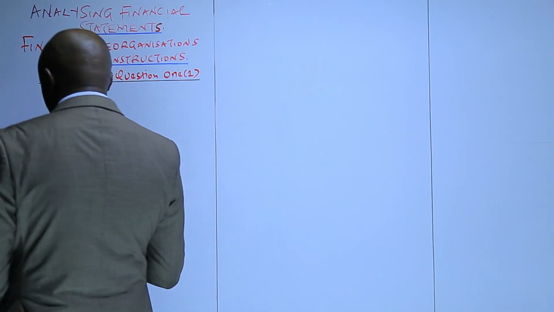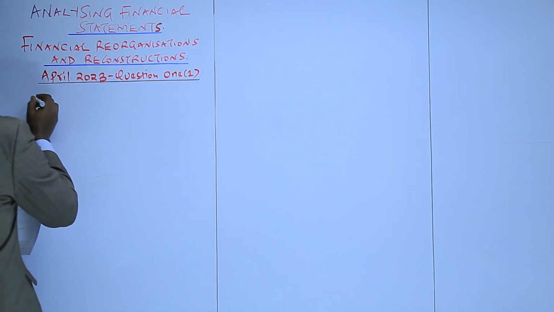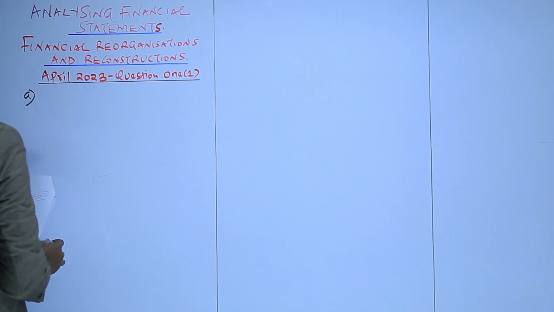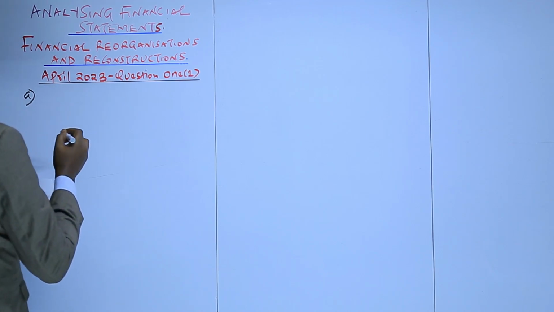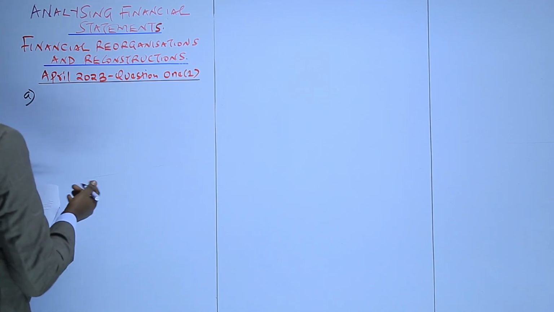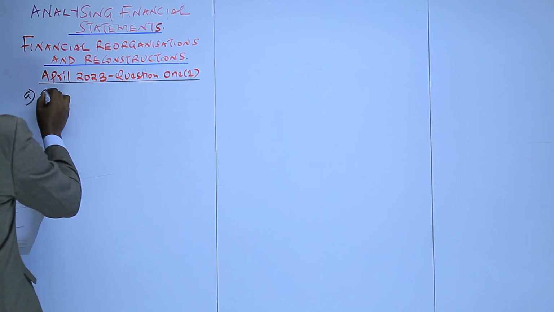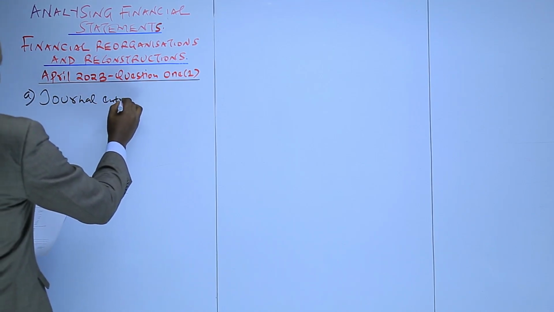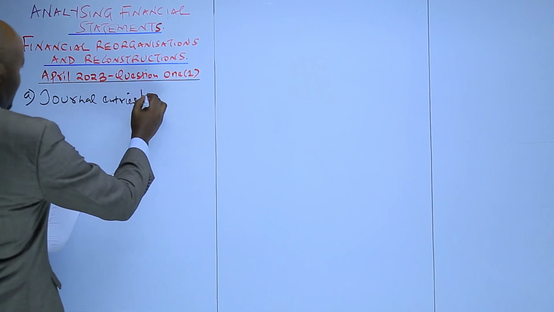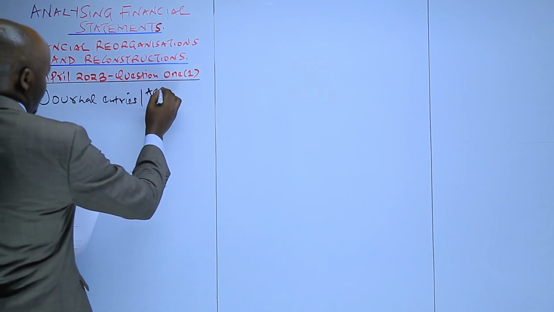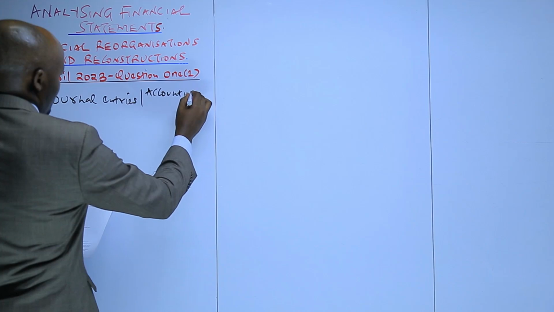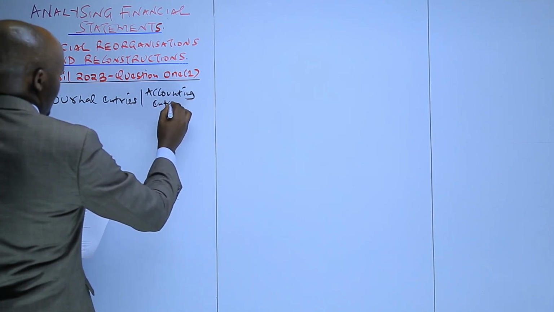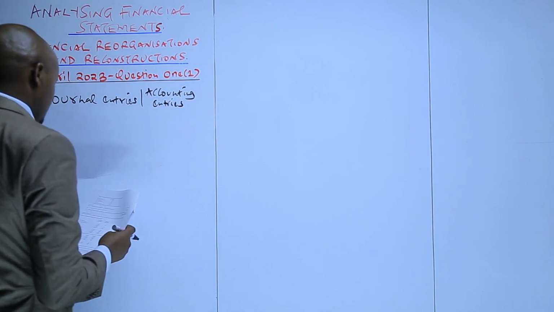So we start with Part A of the question, where we are required to make the journal entries to account for the internal reconstruction. Journal entries are basically the same as accounting entries.